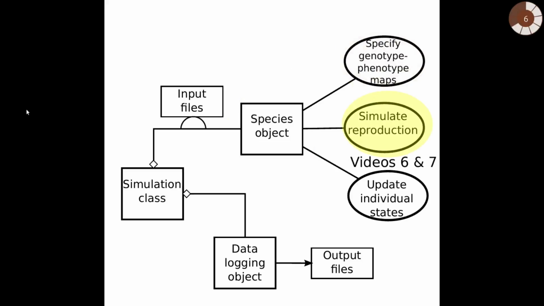Second, we described how you can simulate reproduction, which involves operations like choosing the parents, which we saw in video 6, and how genetic information is transferred from parents to offspring, as in video 7. In video 8, we described how we can update individual states in the simulation. Finally, in video 9, we discussed how we can specify our input files.